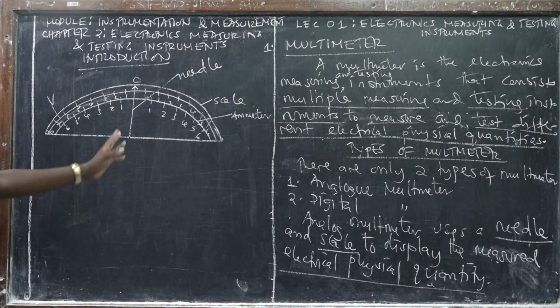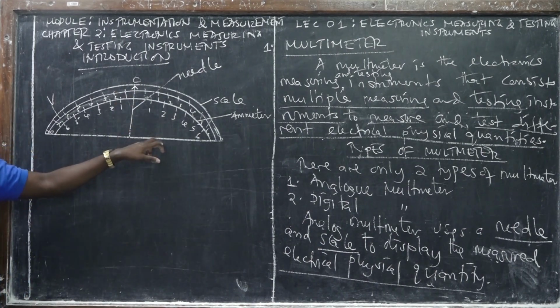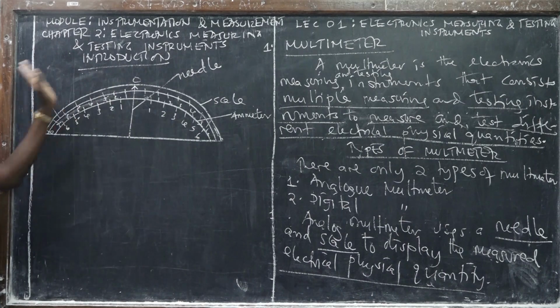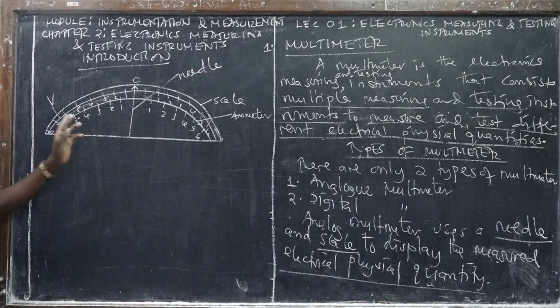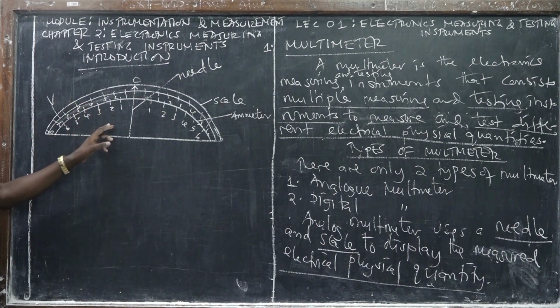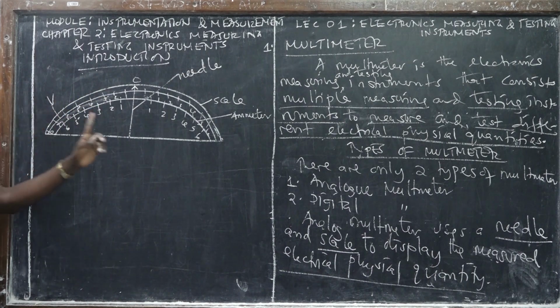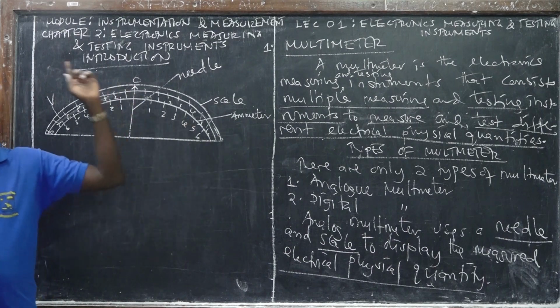When the needle deflects this side, it gives you a positive reading. When deflecting anti-clockwise, it gives you a negative reading, within the same measuring instrument. The first, middle scale is the voltmeter scale, and the other scales are for the ammeter.